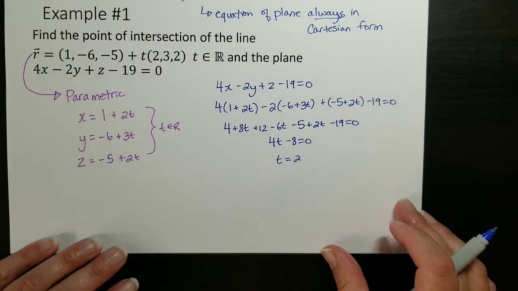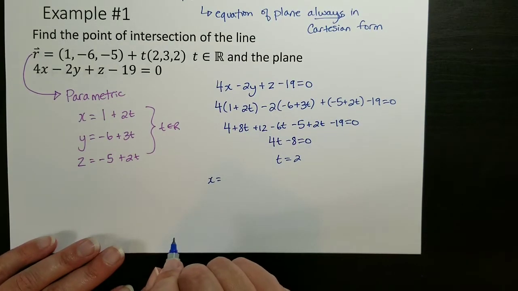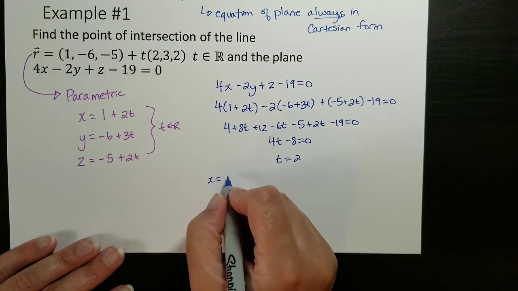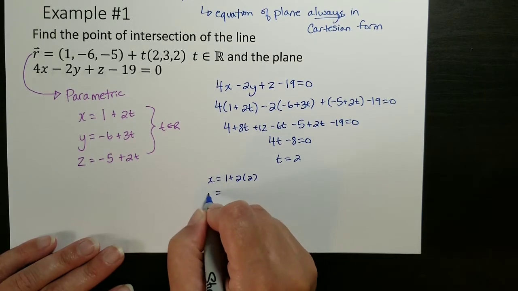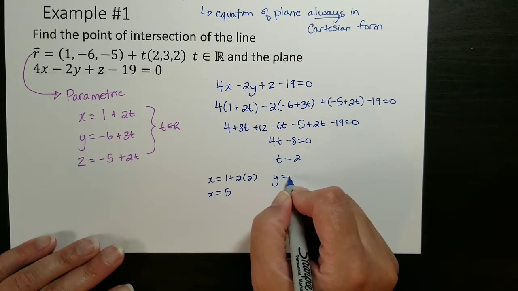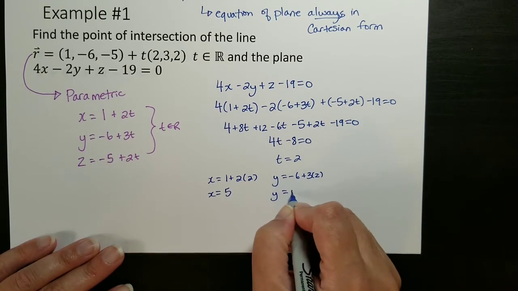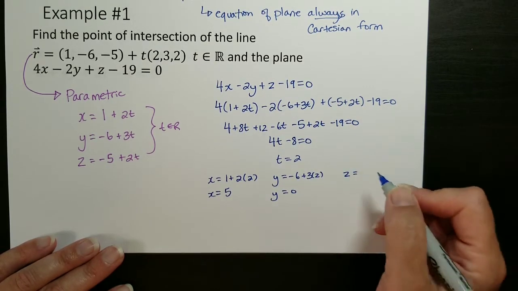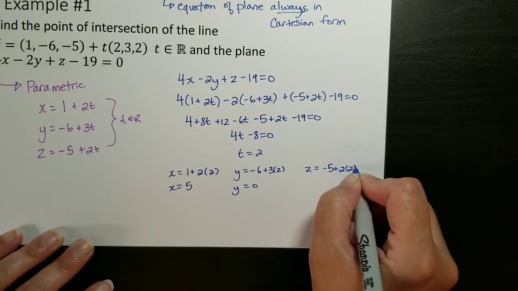So we can just take that, like I said before, and sub it back in for the parametric equations for x, y, and z. So 1 plus 2 times 2, x is 5, y is negative 6 plus 3 times 2, so y is 0, and z is negative 5 plus 2 times 2.